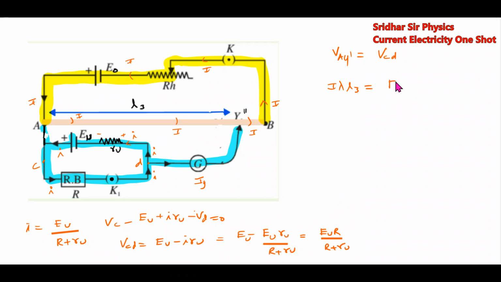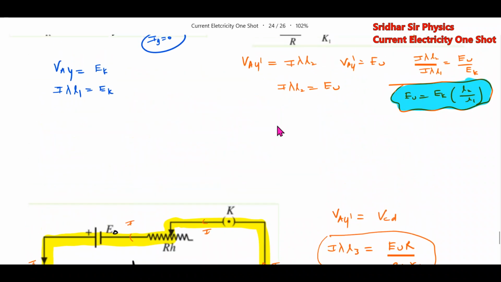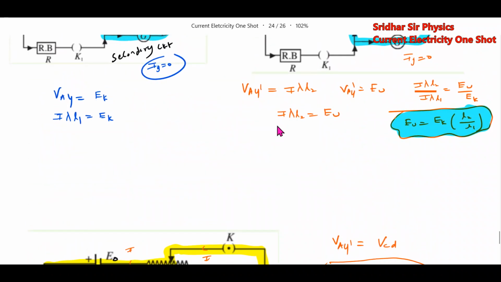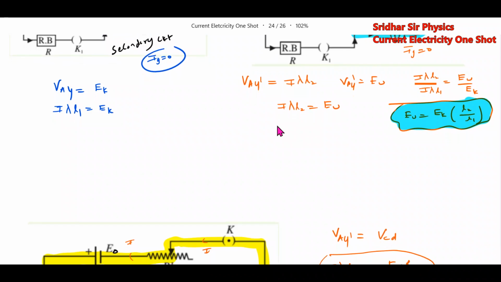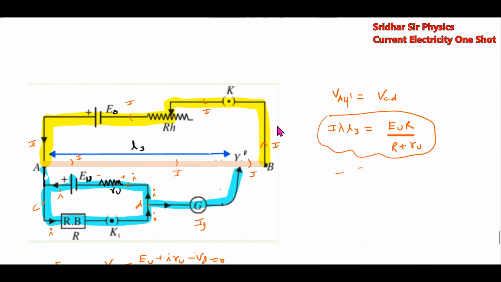So I'll substitute this one: EU R by R plus RU equals I lambda L3. This is unknown, so we have to calculate RU from the previous data. What is the unknown EMF EU equal to? I lambda L2. We'll write it here.